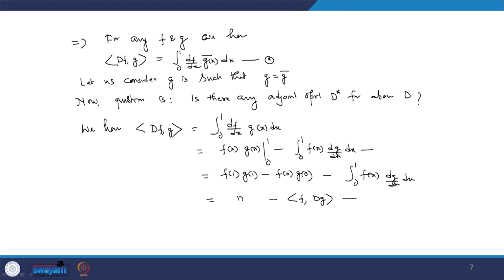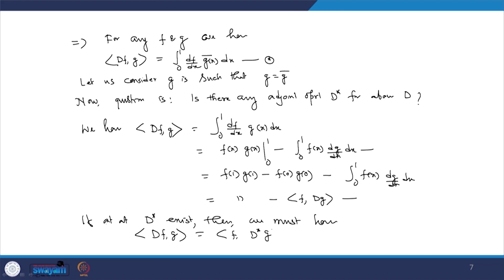Now, if you want to see whether D star exists, if at all D star exists, then we must have the inner product of Df and g equal to the inner product of f and D star g. So, we must have, in terms of the inner product of f and some operator operating on g, this type of structure.